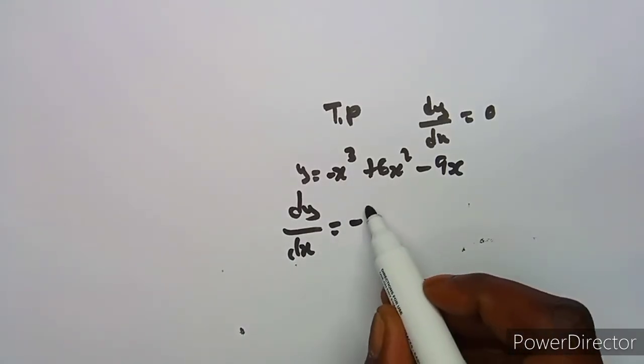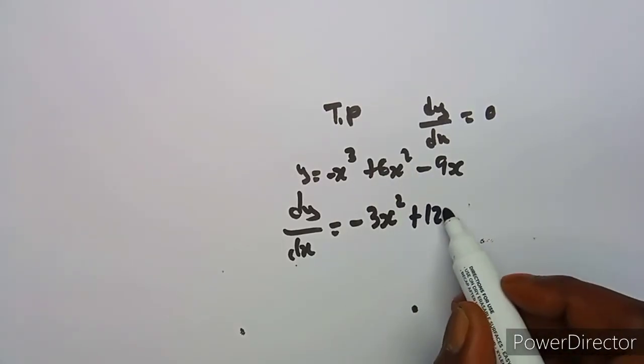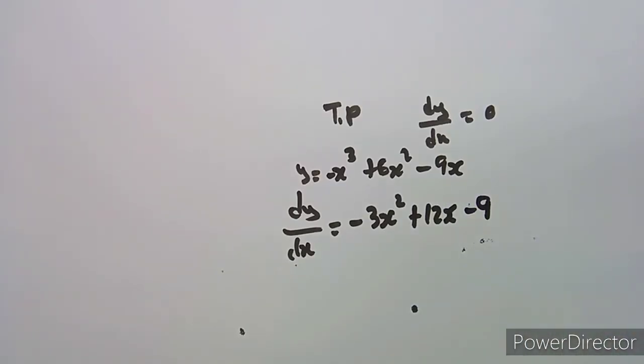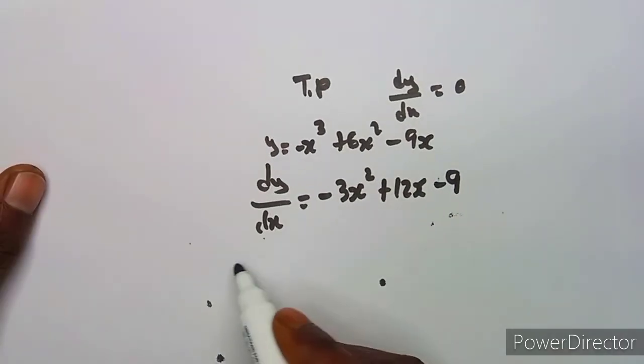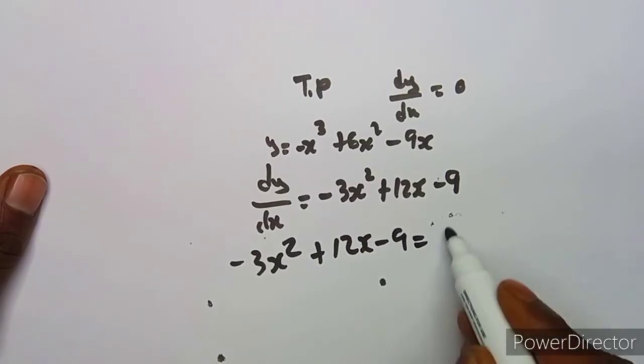This is going to be minus 3x squared plus 12x minus 9. And we are saying at the turning point, dy/dx should be equal to 0. So minus 3x squared plus 12x minus 9 should be equal to 0.